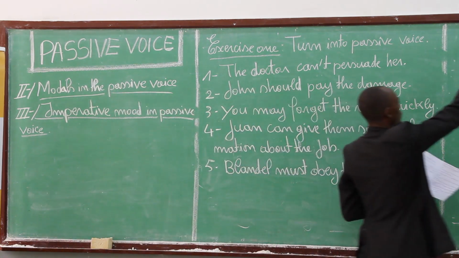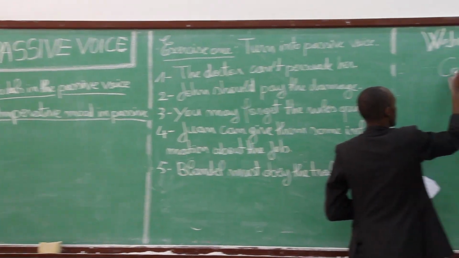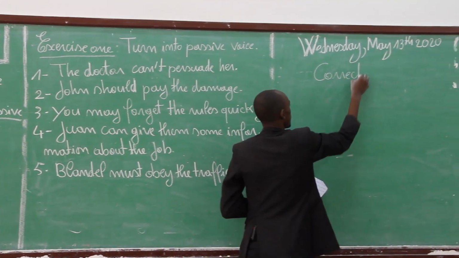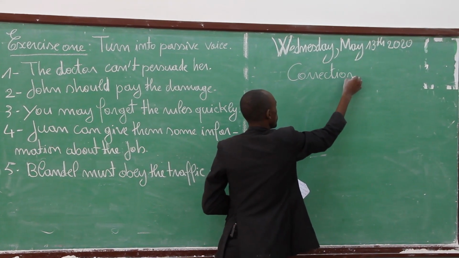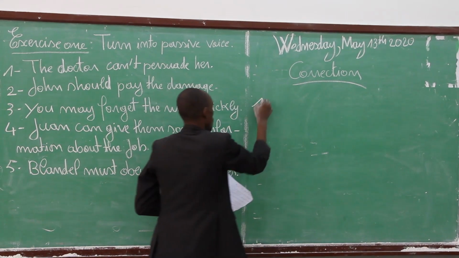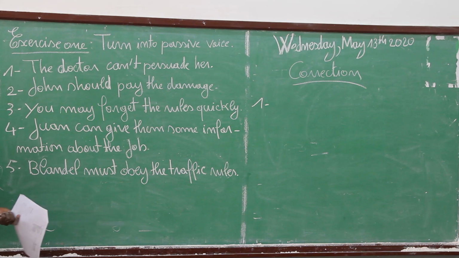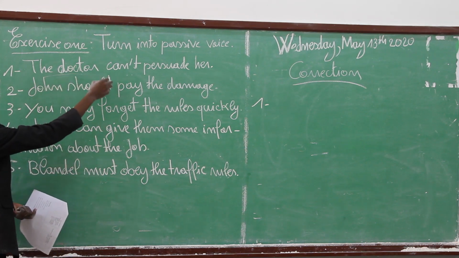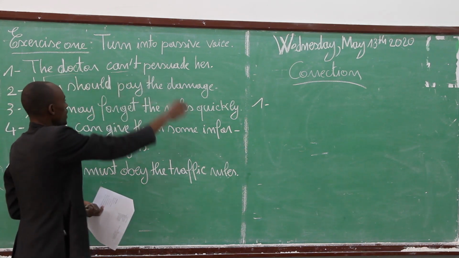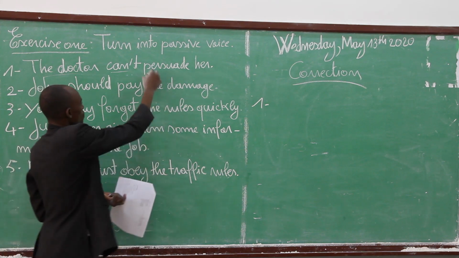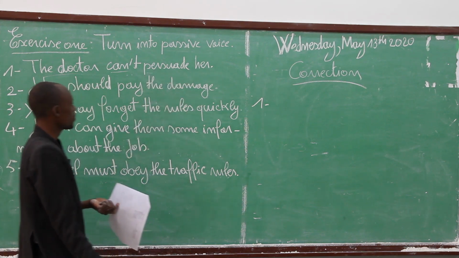Now correction. Let's start with the first sentence. We have the subject, the verb in negative form, and we have persuade, a verb in infinitive.